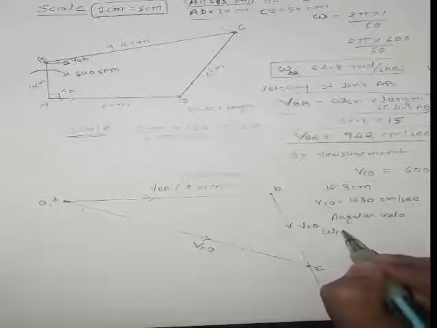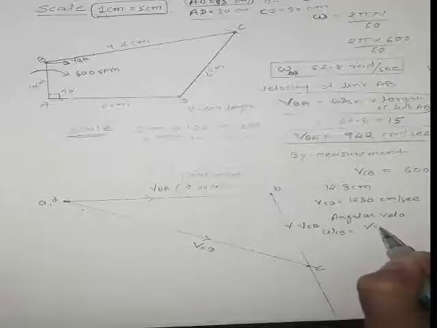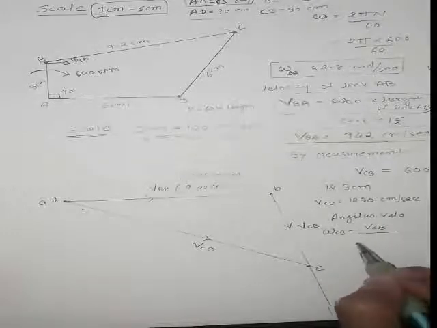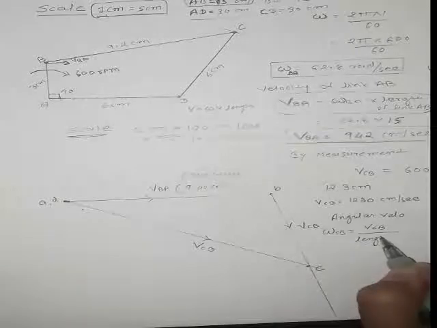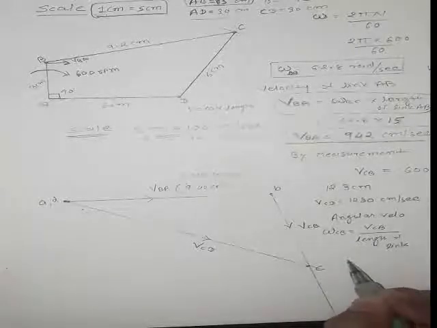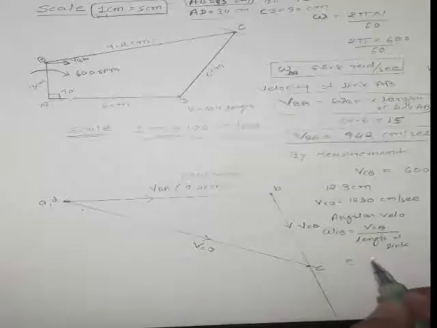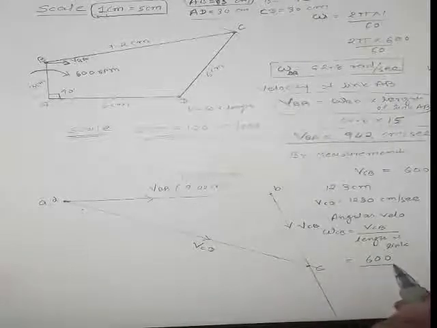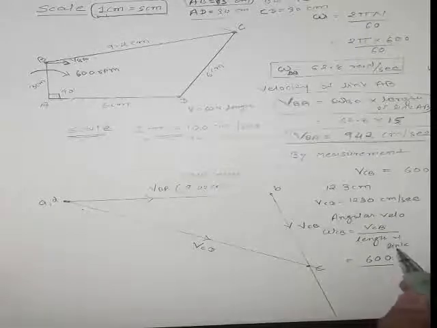So omega CB is equal to velocity of CB upon length of the link CB, right? So VCB, that is 600, divided by here what is the length of the link, that is 46, right?